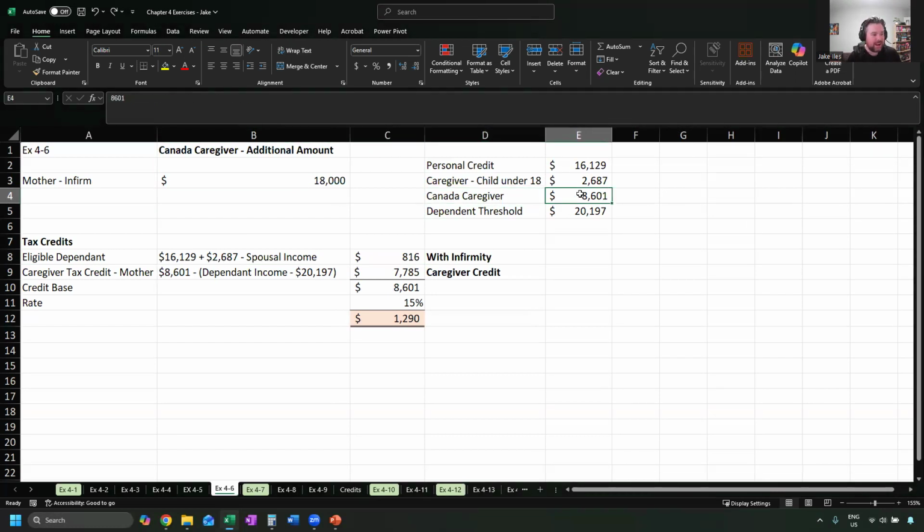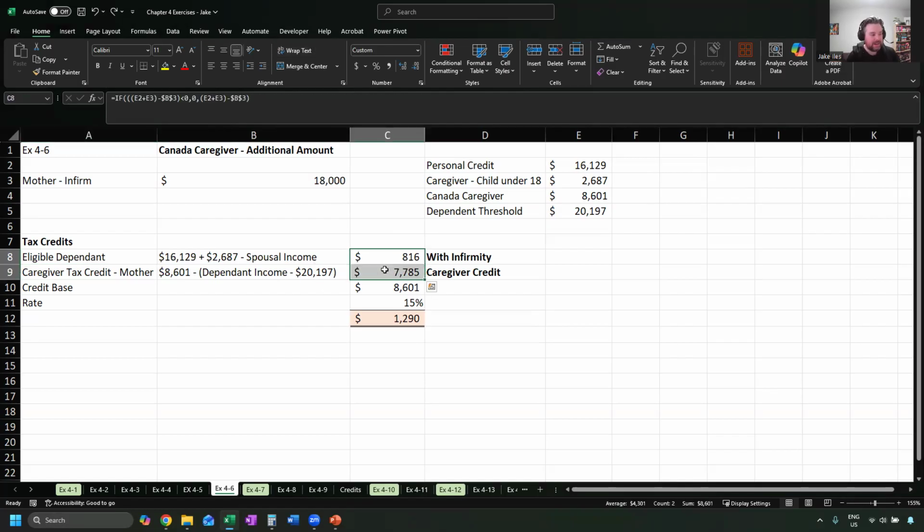But the regular caregiver credit is 8,601. So the additional credit comes into play, 8,601 minus any dependent income over our threshold of 20,000. We will take from this number and subtract it from the eligible dependent amount. So the Canada Caregiver additional amount is the 7,785.